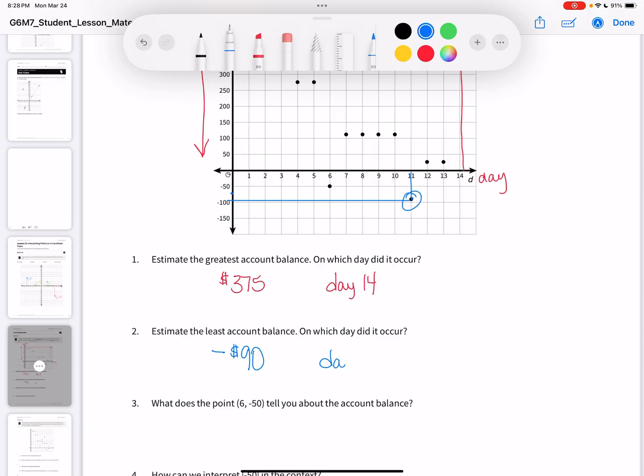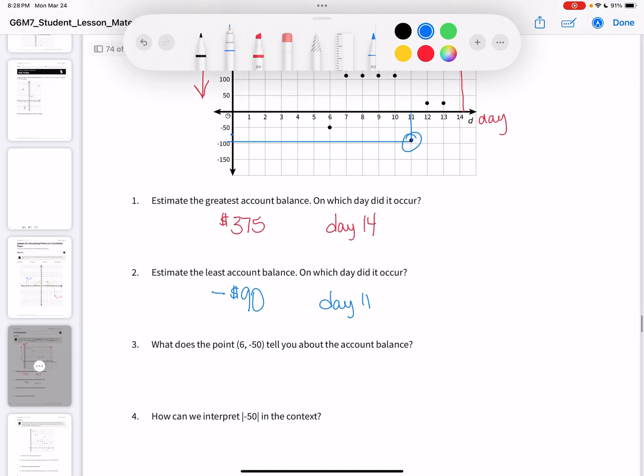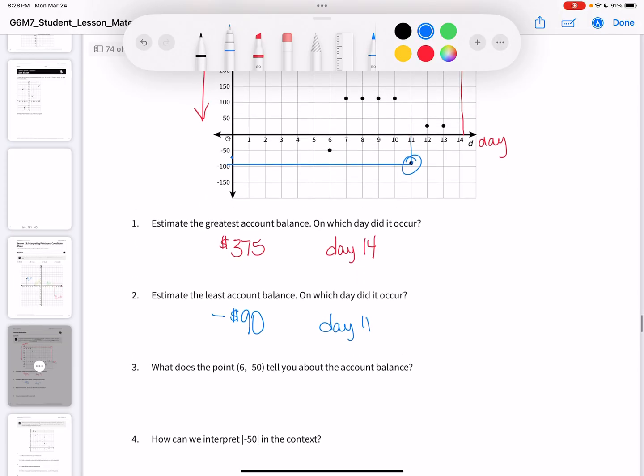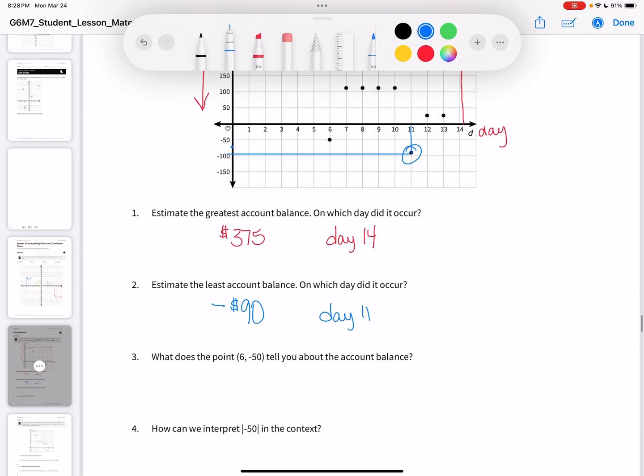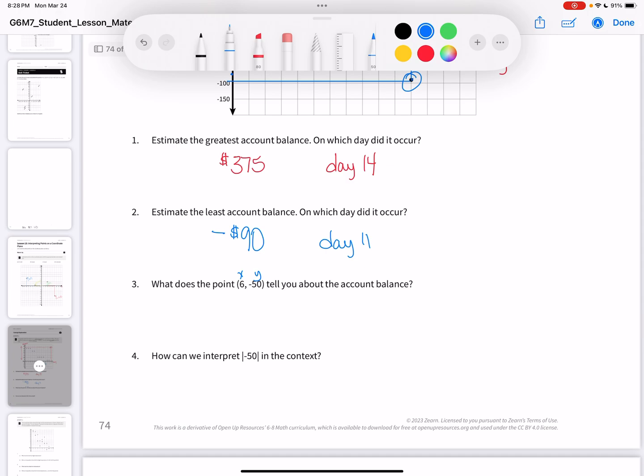On which day did this occur? Day 11. What does the point 6, negative 50 tell you about the account? Well, X is day and Y is balance. So I would say on day 6, the bank balance was negative $50.